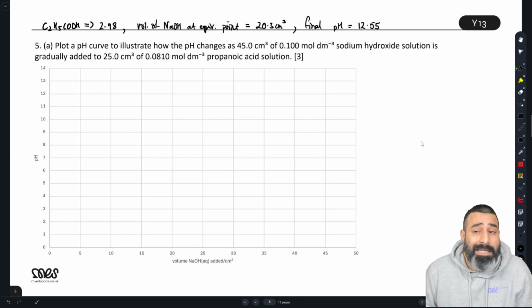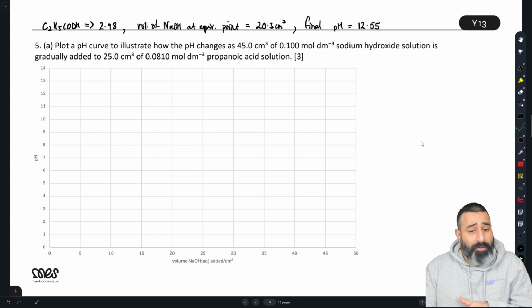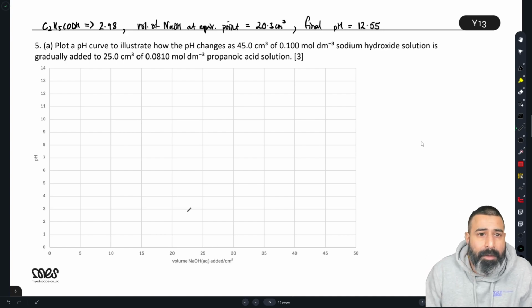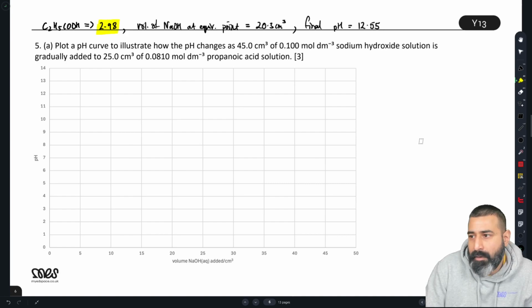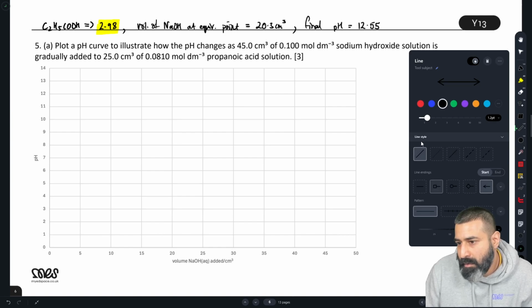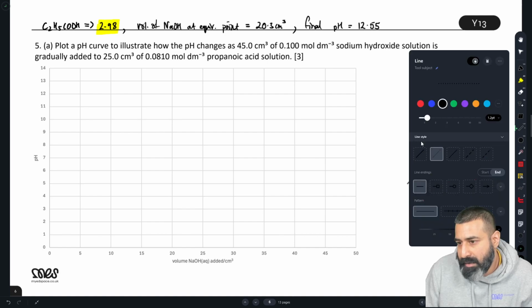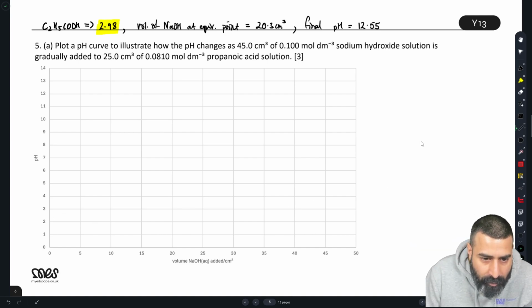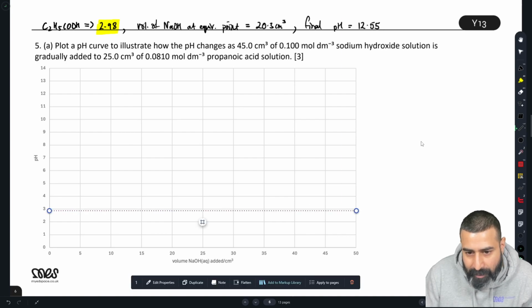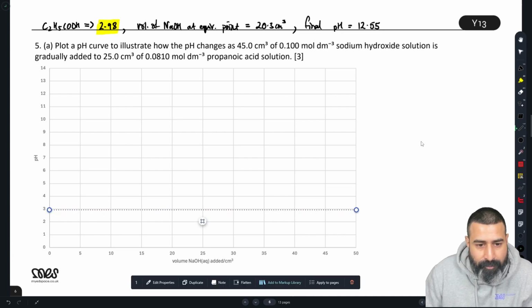Okay, really nice question because it structures it so that the calculations lend themselves to draw the graph. So what I'm going to do here, I'm going to start by looking at the initial pH. So the initial pH is 2.98, and just as a guide let's put some markers down, okay, to help us. So 2.98 is roughly around there, give or take.